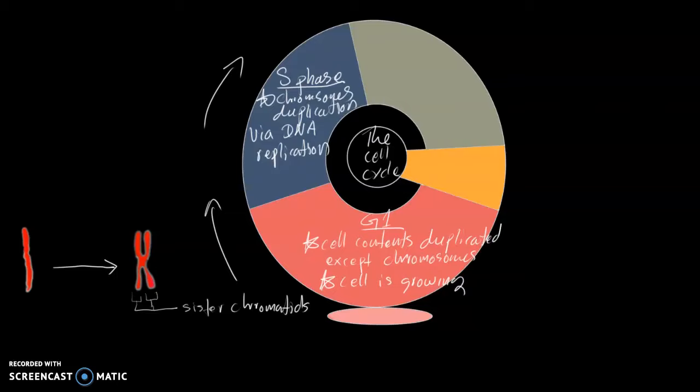Following the duplication of the chromosomes in the S phase, now we can move into the next phase called G2 phase. There are important activities and various processes that take place prior to this G2 phase. But the most important process is the DNA replication.